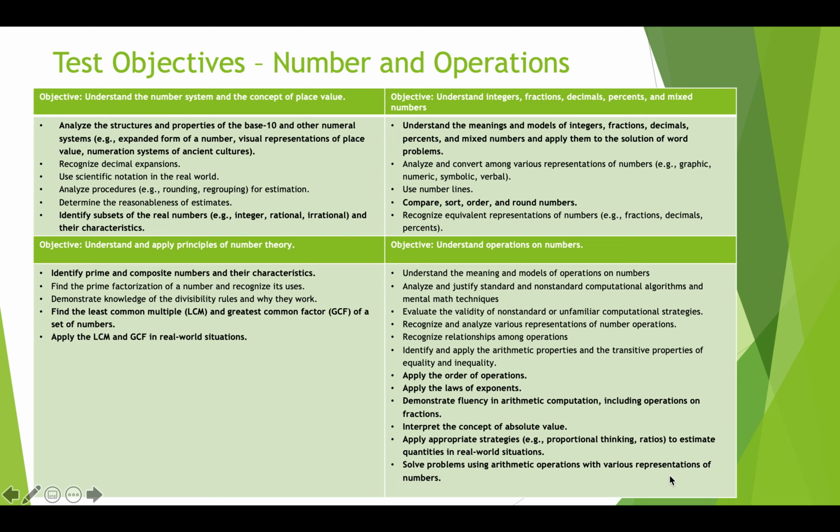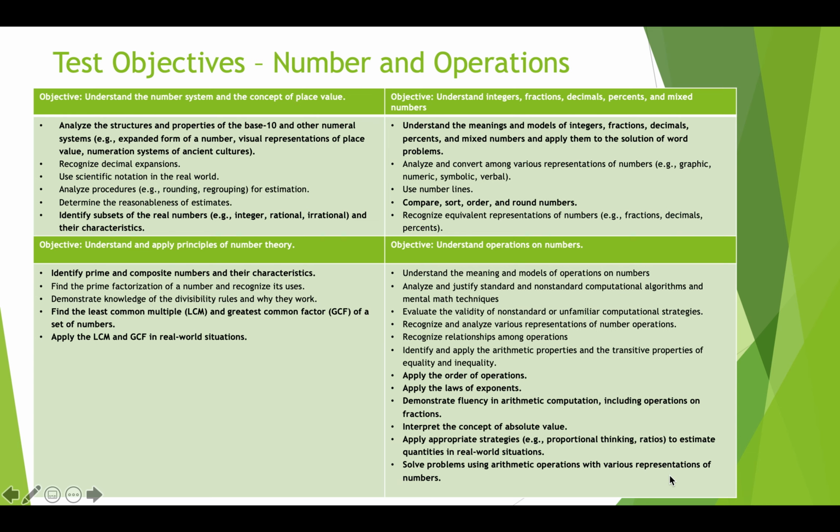This part breaks each sub area down into the test objectives, so specifically what the MTEL is testing. My suggestion is that you go through this and check off each objective that you know really well.